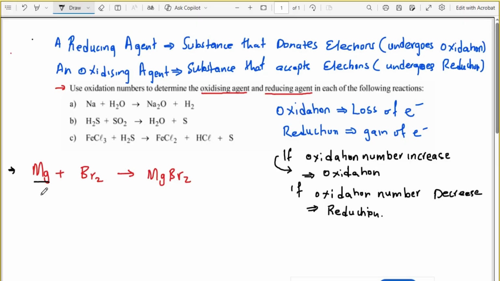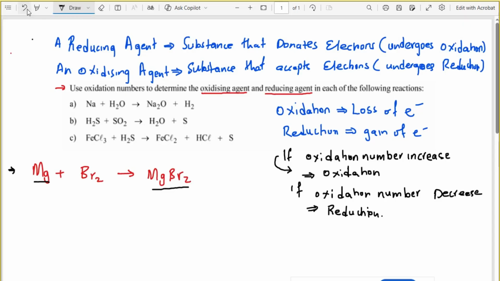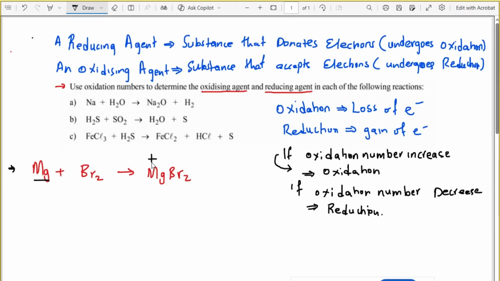So listen, my Chomina. You can say it's 2 plus in this one because this one is not a pure element. It is not on its own. So this tells you that this side, the magnesium will have that plus 2 because it's in group 2, right?